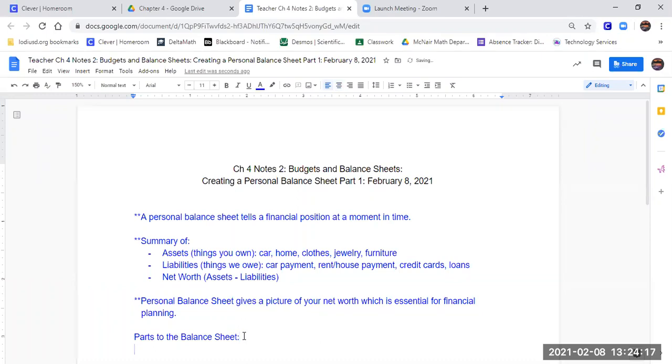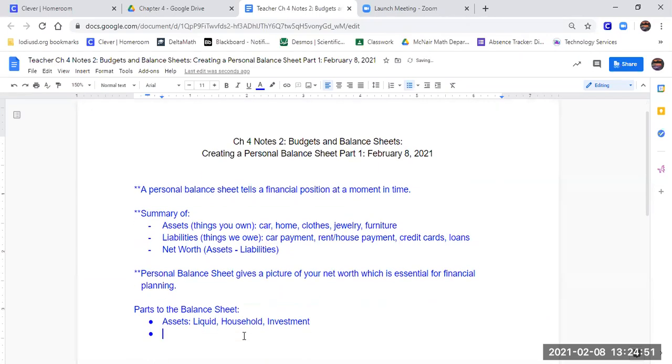Our first part is our assets. And there are 3 kinds of assets: liquid, household, and investment assets. We're going to look at each one.